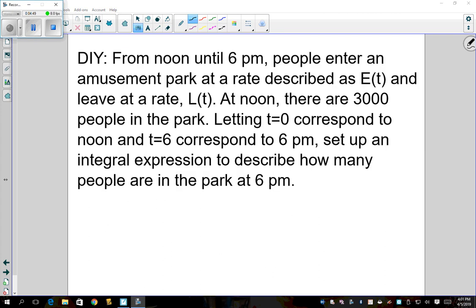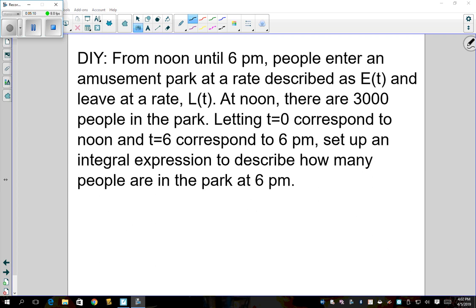So here's your DIY. This one's a little bit different than the ones that we were doing before. Again, I'm going to walk through this at the end. We're given the problem that from noon until 6, people enter an amusement park at a rate described as E of t, and they leave at a rate described as L of t. And at noon, there are 3,000 people in the park.